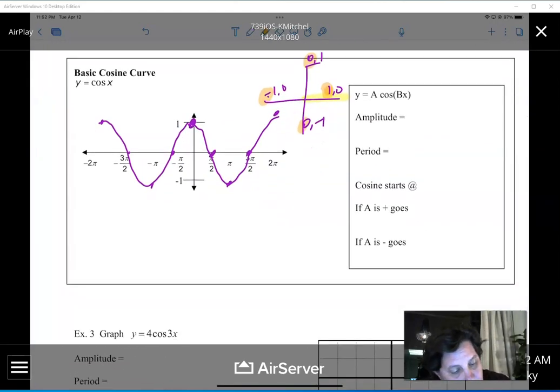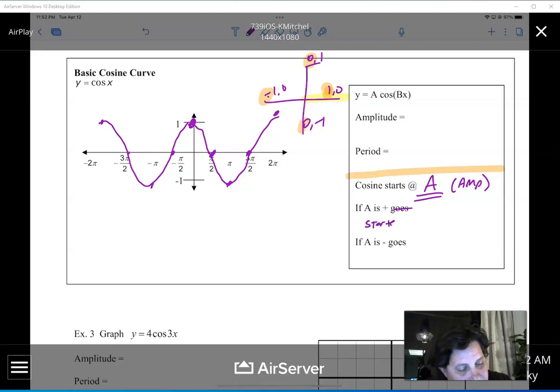And so what you want to remember for cosine is cosine starts at A, right? So it starts at A, or the amplitude. And the way I think about it is, if A is positive, it starts at positive A and goes to 0.